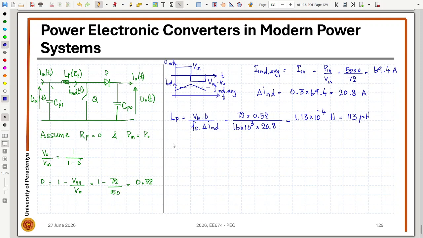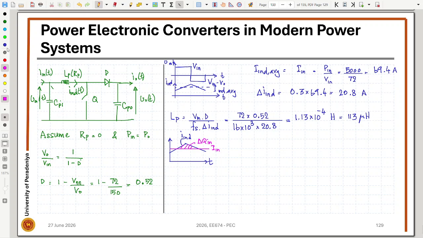To find the input capacitance, we have to consider the input node. So we have the inductor current, which would be in this form. This is I inductance. Then we have the average current, which is I in. So we can consider the charge here, delta Q in.